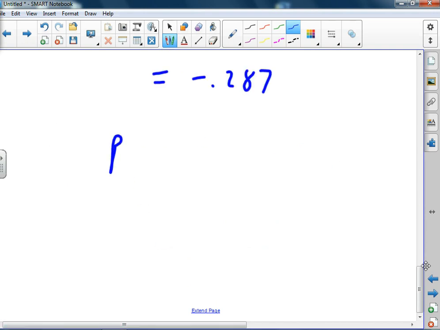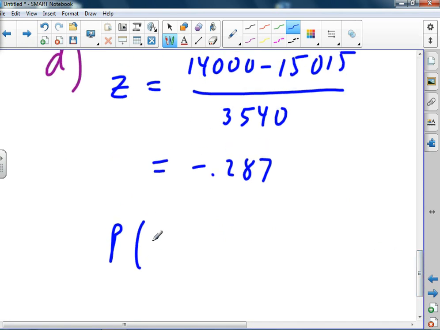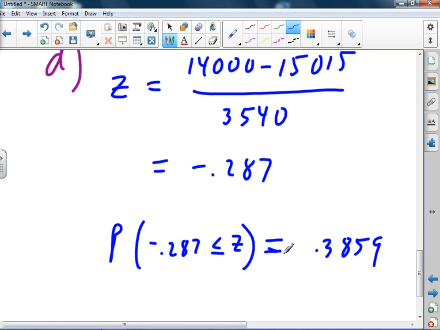The probability that minus 0.287 is less than Z, 0.287, we'll round it up to 0.29, is 0.3859. 0.3859. Okay, enough with that one. Moving on.